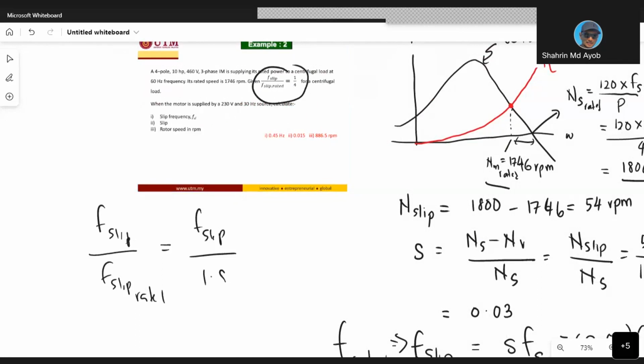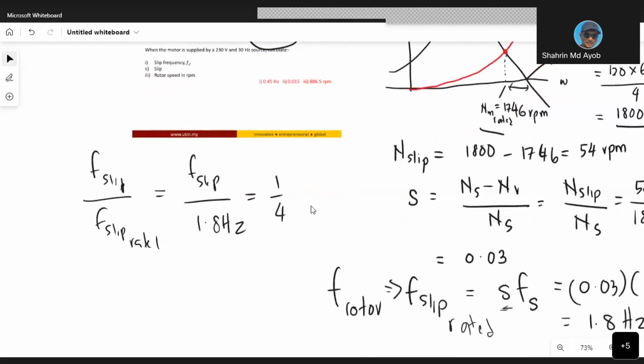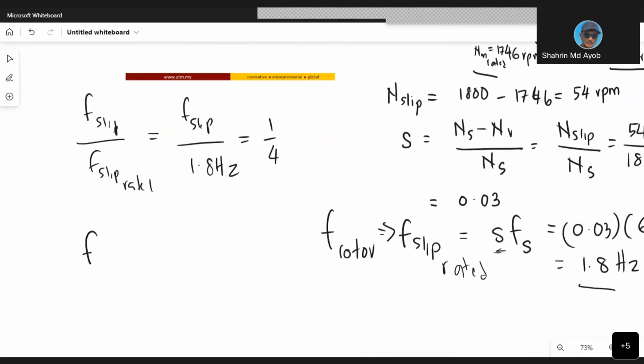F slip rated is 1.8 Hertz, so 1 over 4. So meaning that your frequency is 1 over 4 multiplied with 1.8 Hertz. So you should get berapa? 0.45.